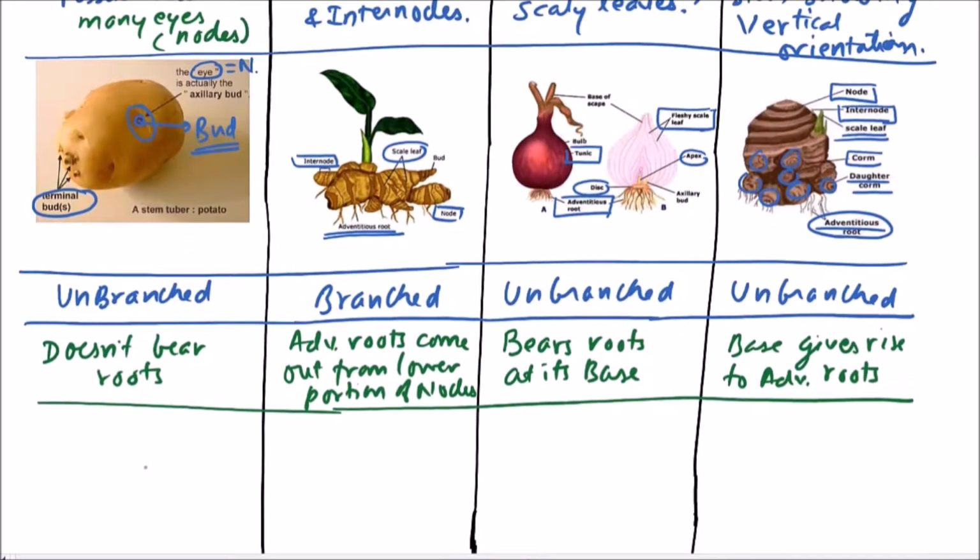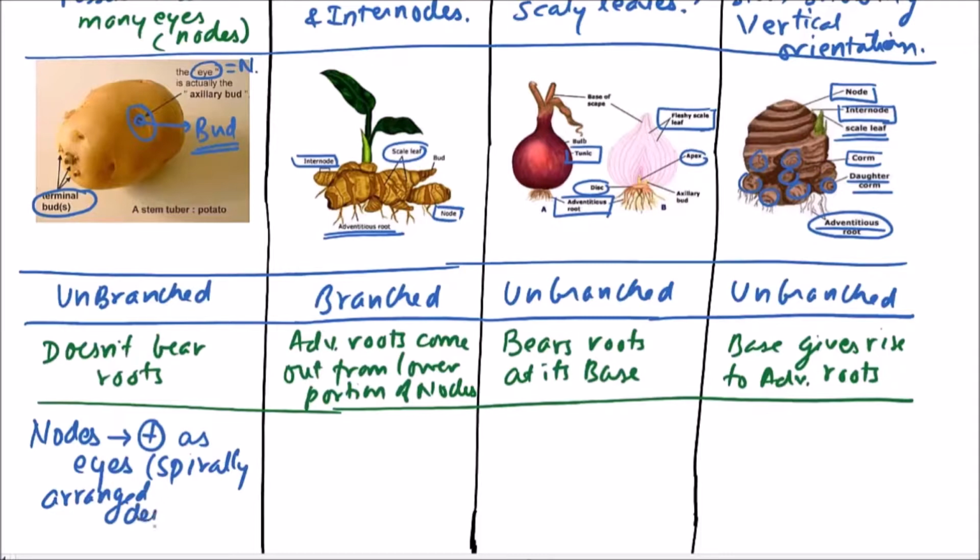Now, some points regarding the nodes. In tuber, nodes are present as eyes, and these eyes are spirally arranged depressions.